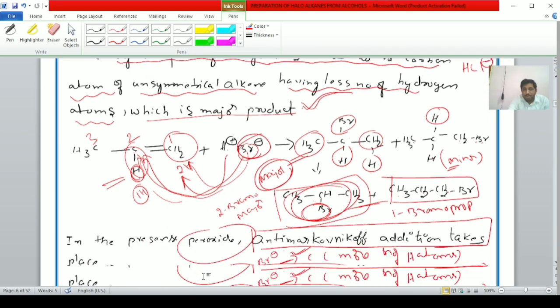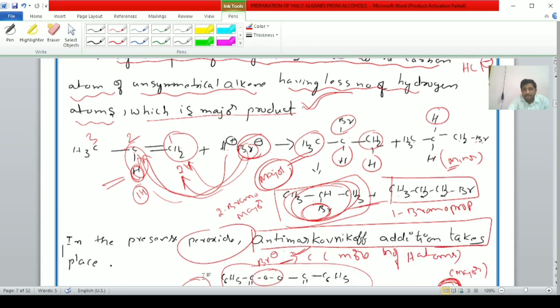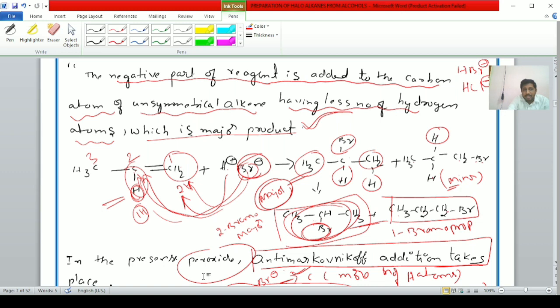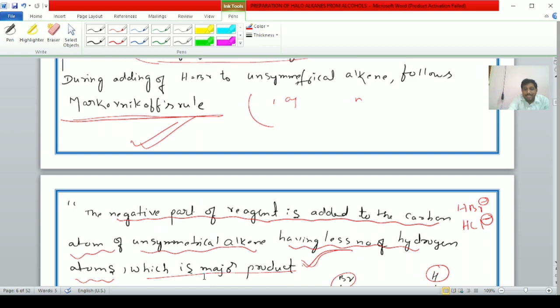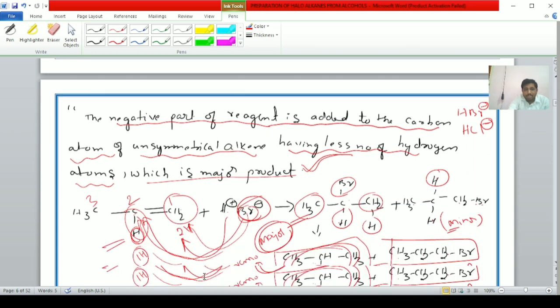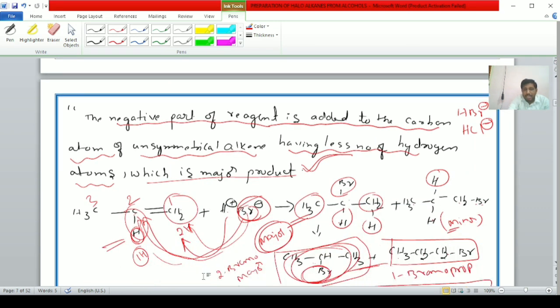the negative part of the reagent is added to the carbon atom having less number of hydrogen atoms, which is the major product. For example, student, when propene reacts with hydrogen bromide, the Br minus is added to the second carbon, hence 2-bromopropane is formed, which is the major product.